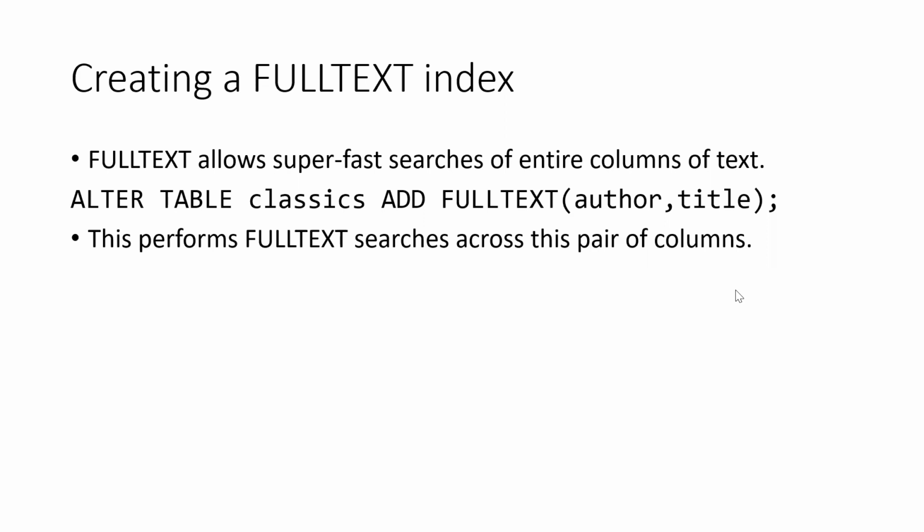For small data sets or small tables, you don't have to do this. But let's say you have millions of records, and you perform a search on author and title, it will be really, really slow. You can see the difference now, right? So make sure that in those cases, you should use full text searches.